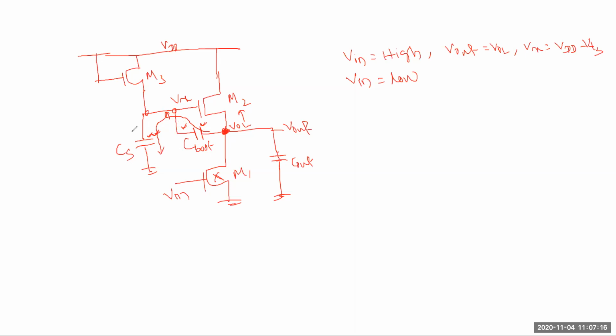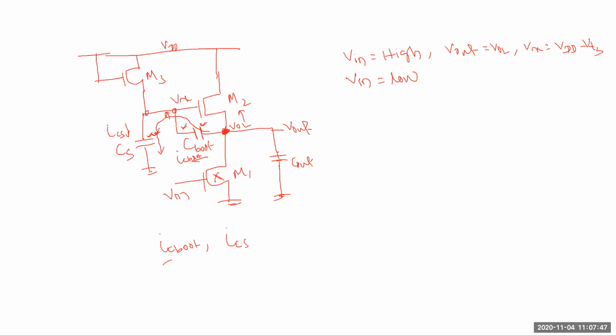That means we can say it's I C S, or you can say it's I C boot. In this path it's I C boot, and in this path it's I C S. Both currents are almost the same because this path is off.